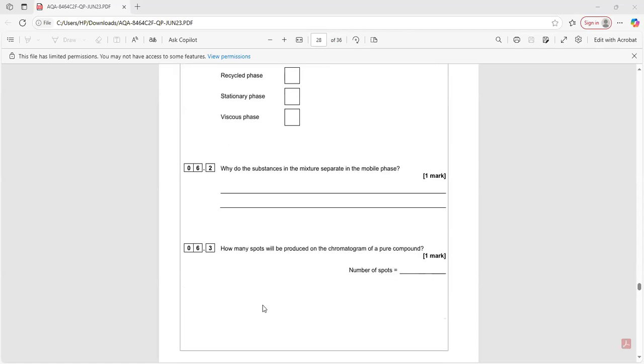Okay, so of course, I think we have answered this question indirectly. Why do the substances in the mixture separate in the mobile phase? It's simple. They move at different speeds. If they didn't move at different speeds, it would have been hard to find. You understand? But because they move at different speeds, it's easy to find. One will move really, really fast and go far.